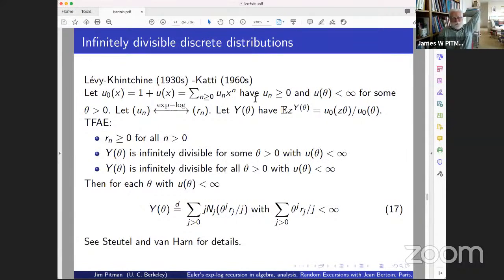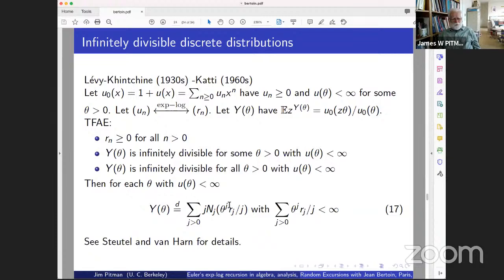We're saying maybe it's renewal, maybe it's not, but take any non-negative power series, and then we know it's going to correspond to some r_n sequence by the x-log transformation. And we can make this family of power series distributions. And then you have three equivalent conditions. One is that the r_n sequence that you get from the x-log correspondence is all non-negative. One is that one of these distributions is infinitely divisible, and the second is that they're all infinitely divisible.